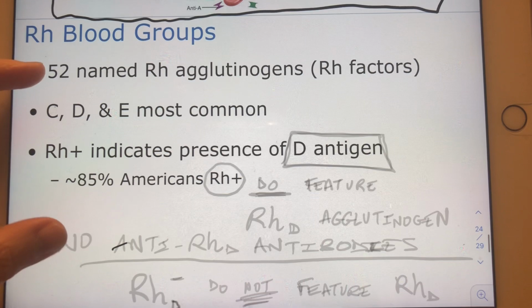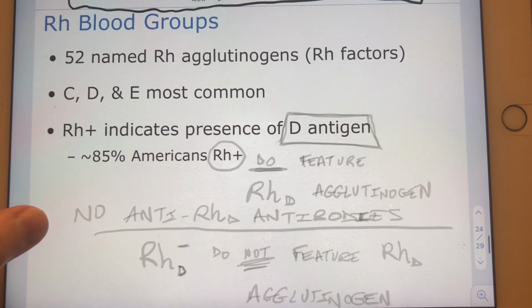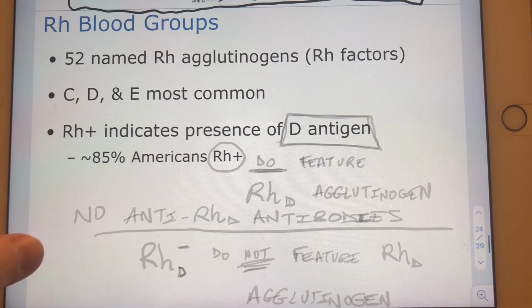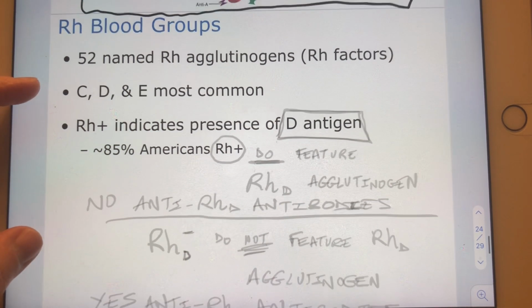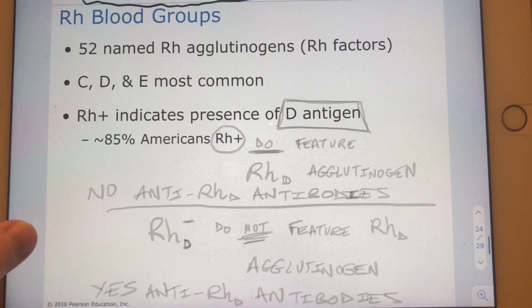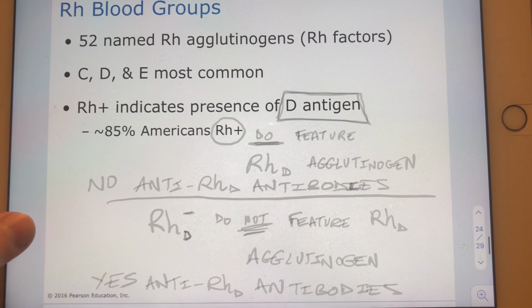There are something along the lines of 52 different RH agglutinogens, whereas when we're talking about ABO blood types, there were really just 2, A and/or B. This is like saying there are 52 different things that we could write on an RH name tag.